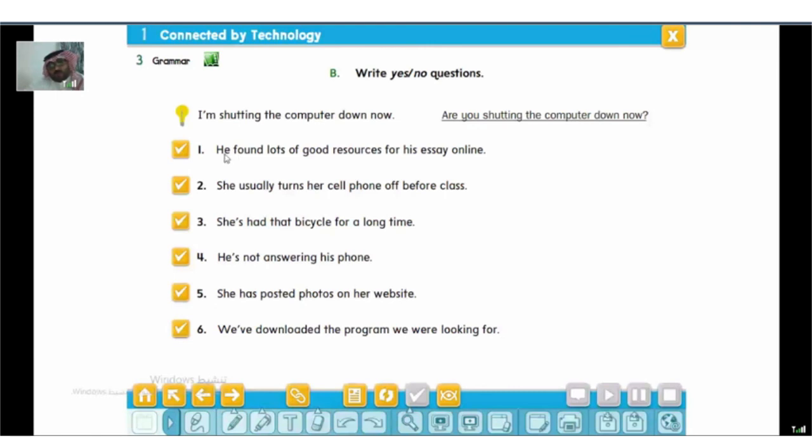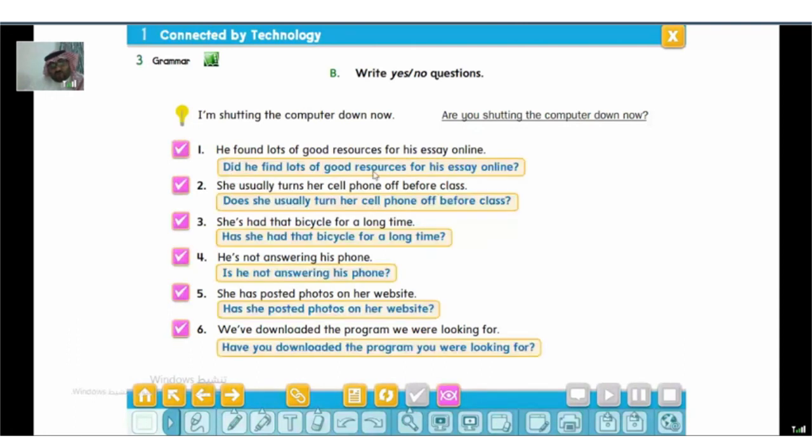We start with a helping verb or auxiliary. What is the good auxiliary we can use in this sentence? We use did. Did he find? Check the answer. Did he find lots of good resources for his essay online? And so on.